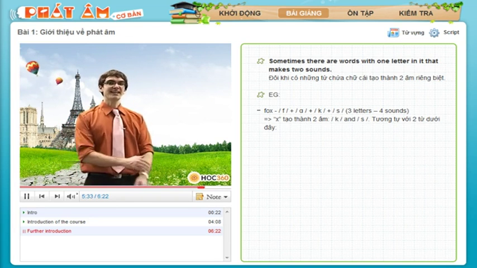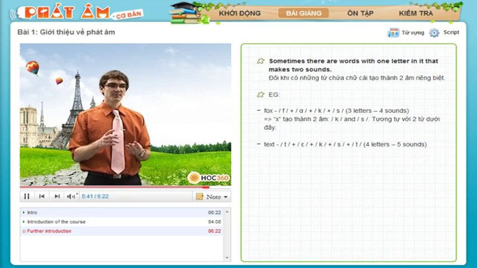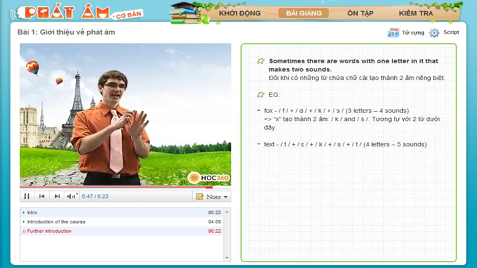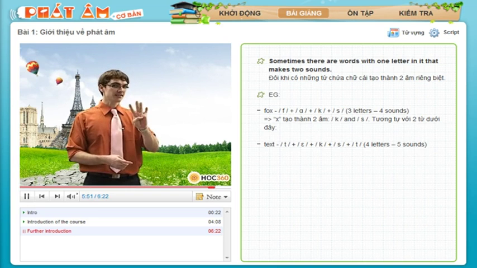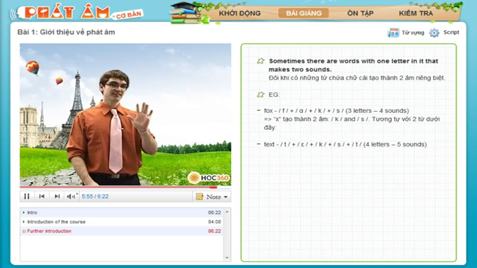All right. And an even more difficult one, text. This is because you have a T after it, so you're making 3 consonant sounds in a row. Text. It only has 4 letters, T-E-X-T, but 5 sounds.